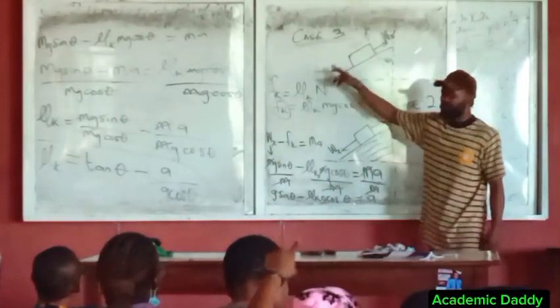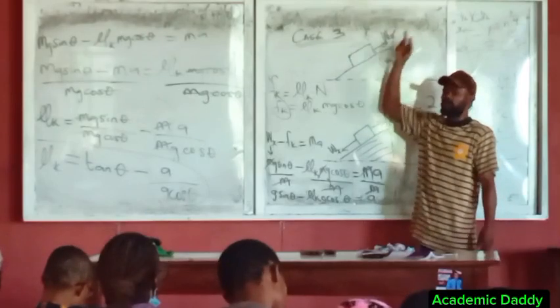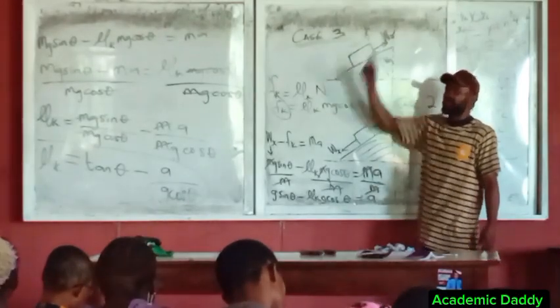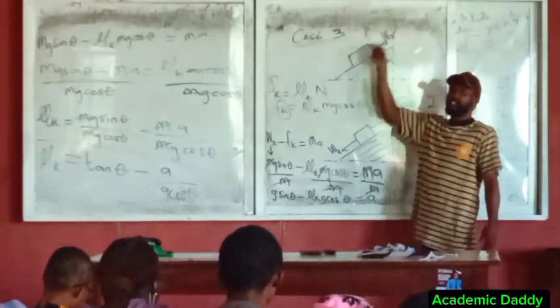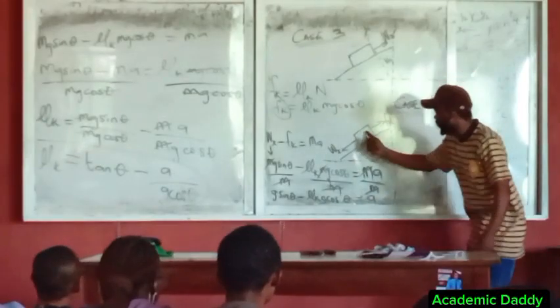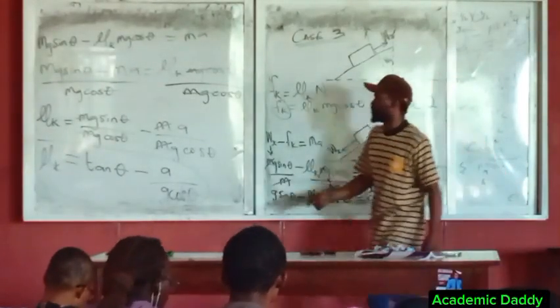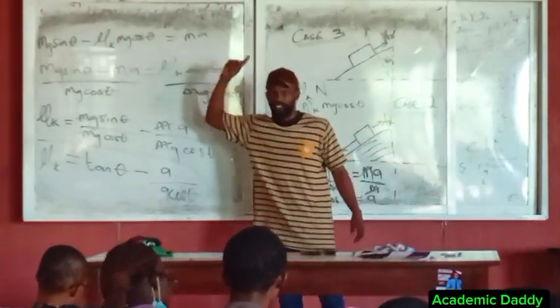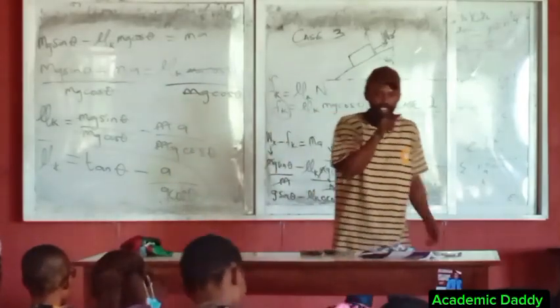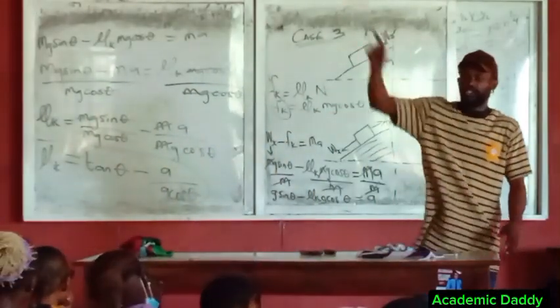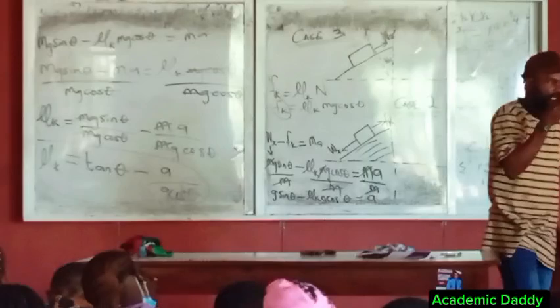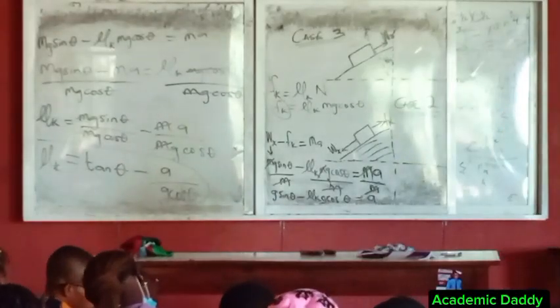So you are finding the coefficient of kinetic friction and the acceleration when this body is moving upwards. Here I solved for when the body is moving downwards, and for when the body is at rest initially. These are 3 different cases that an inclined plane question can come as.